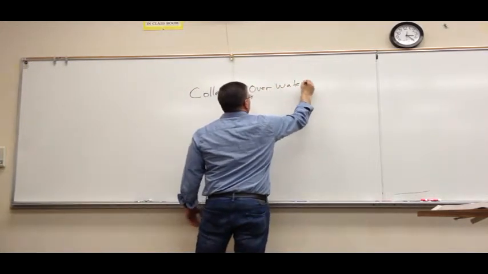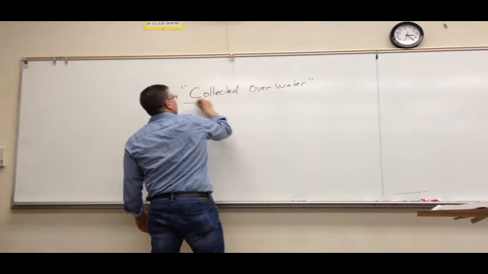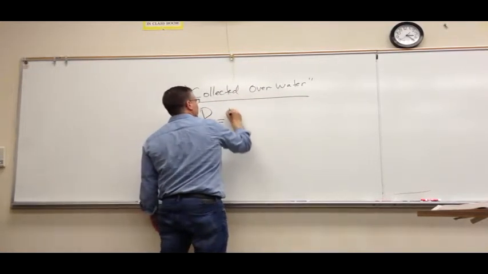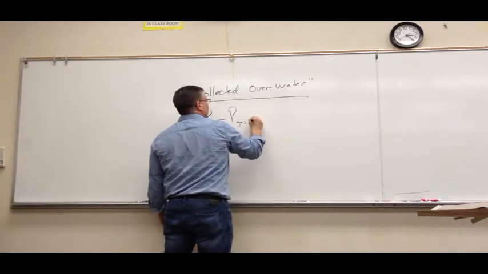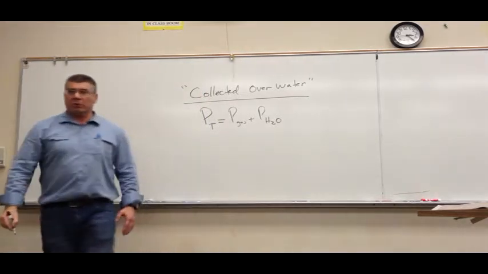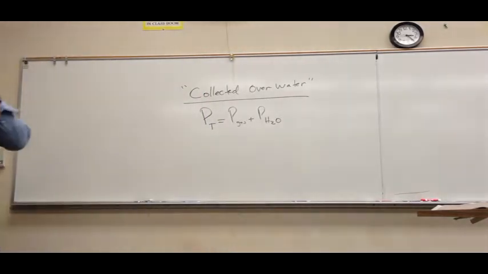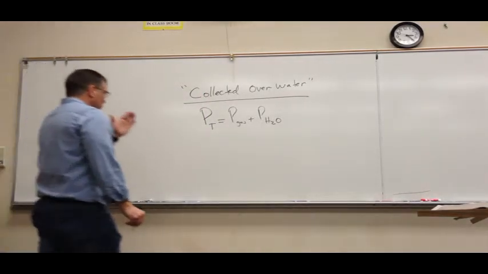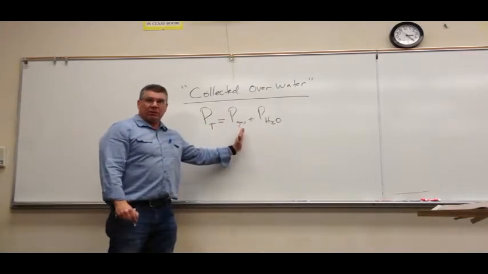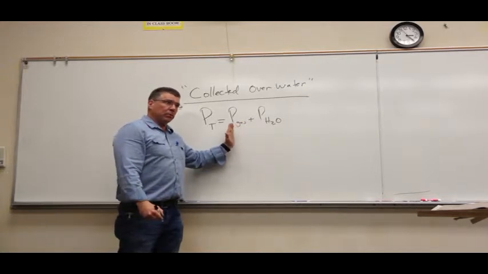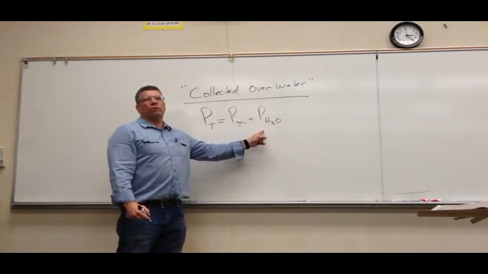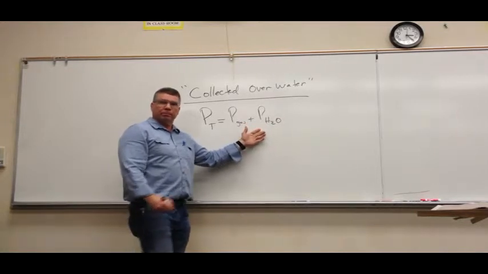If you see words to this effect, this is the form of Dalton's law of partial pressures you're going to have to use. What it says is that the total pressure in that container is equal to the pressure of the gas that you care about, that you're doing the experiment on, plus the vapor pressure of water.